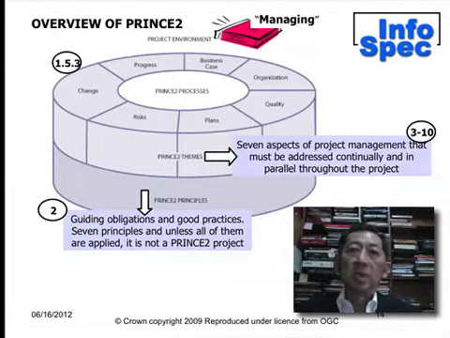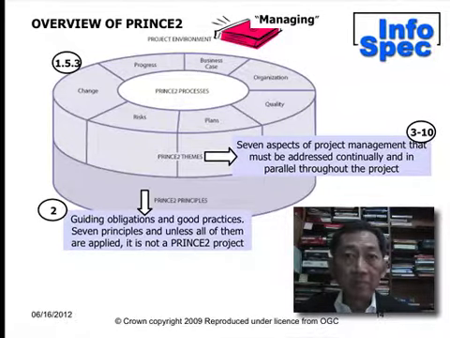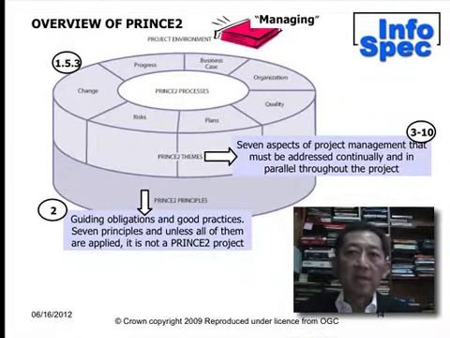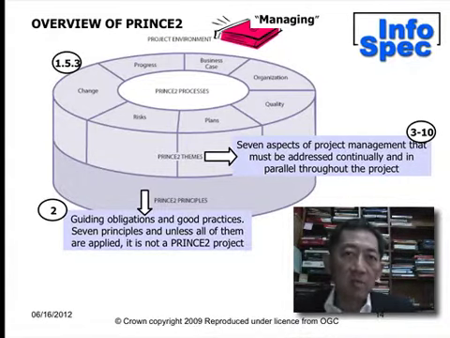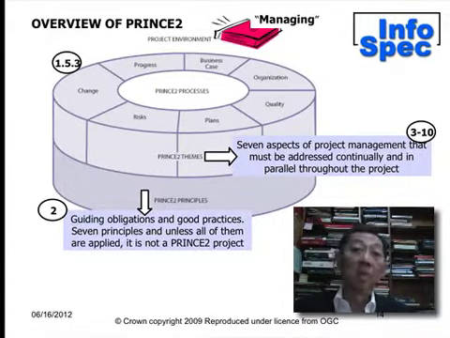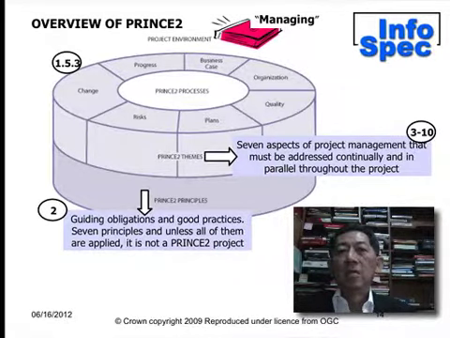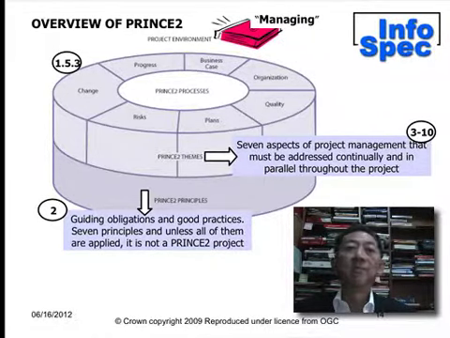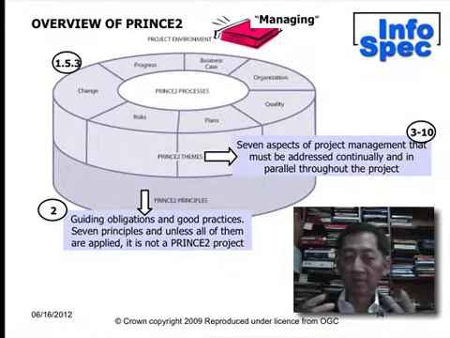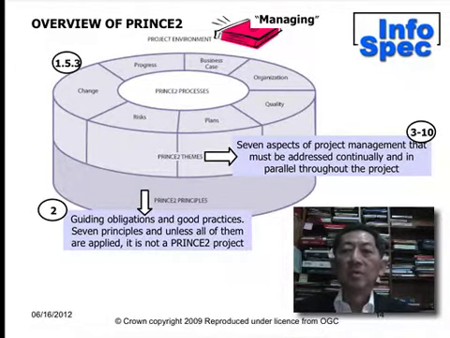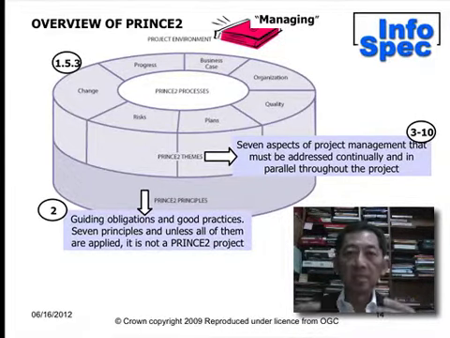What about the themes? The themes, again 7 of them, are various aspects of project management. Whether you do Prince2 or any other methodology or no method, you will find that these are the 7 types of things that have to be considered if your project wants to have a high rate of success. These aspects of project management have to be addressed continually throughout the whole project, and all of these things happen at the same time.